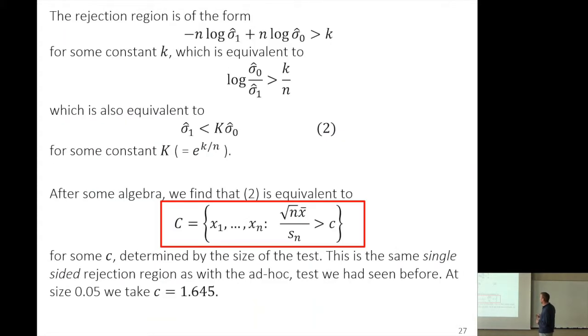Let's continue. The rejection region consists in saying that if the difference in log likelihood is large, we reject H0, which translates to this, which is equivalent to that. K is some arbitrary threshold that we will need to compute. If I do this change of variable, this is equivalent to saying that the ratio of the variances should be less than something.